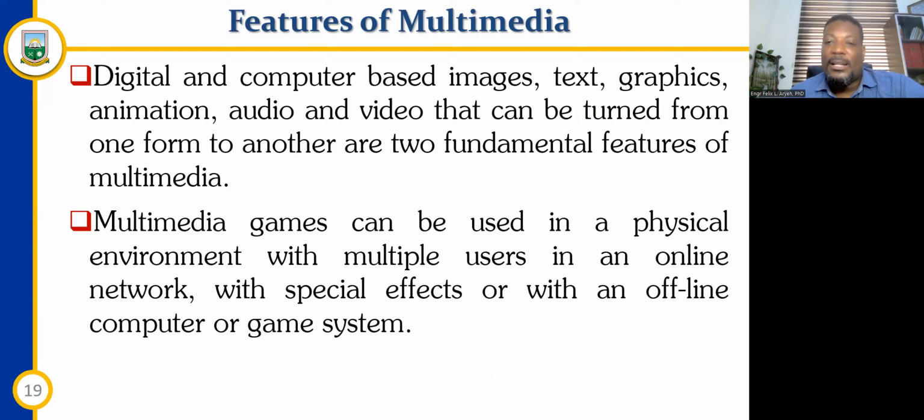And most of the time, these types of content mentioned, that is the images, the text, the graphics, the audios, and the videos, can be converted to different forms. That is how come sometimes when you send a picture to a friend via WhatsApp, the quality reduces because it's converted to something that will be easily accessible on a friend's phone.